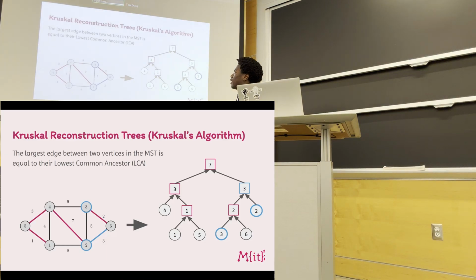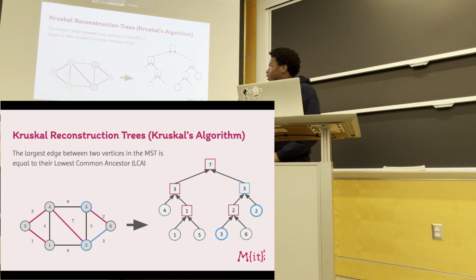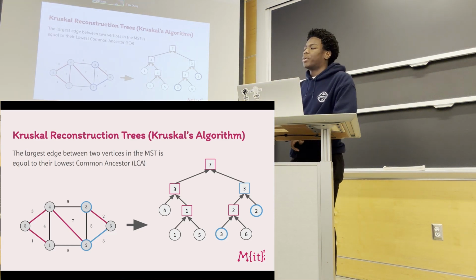But we know that the lowest common ancestor has to be the highest vertex. Otherwise, if you were to go to 7, for example, you would then have to go backwards, which would correspond to taking a path where maybe you go from 2 to 4, then back to 2, which is redundant. So the lowest common ancestor ends up being the highest edge in this path, which is the highest weight edge within that path as well.